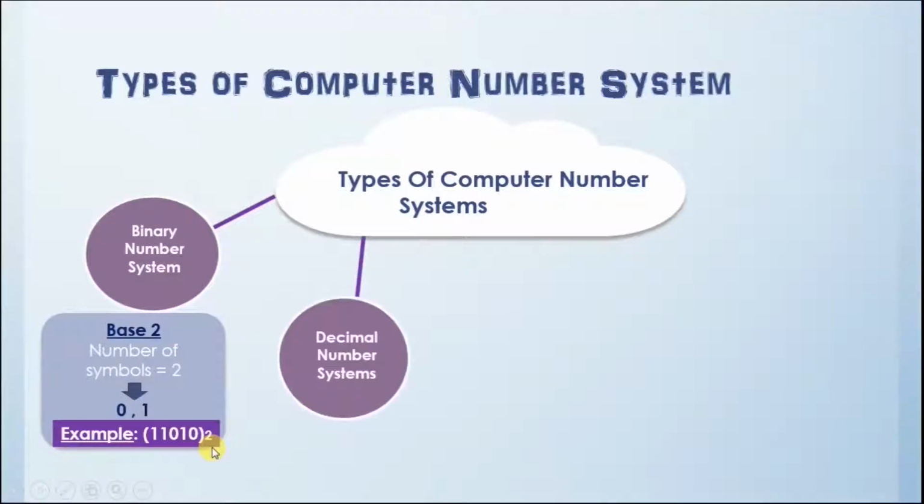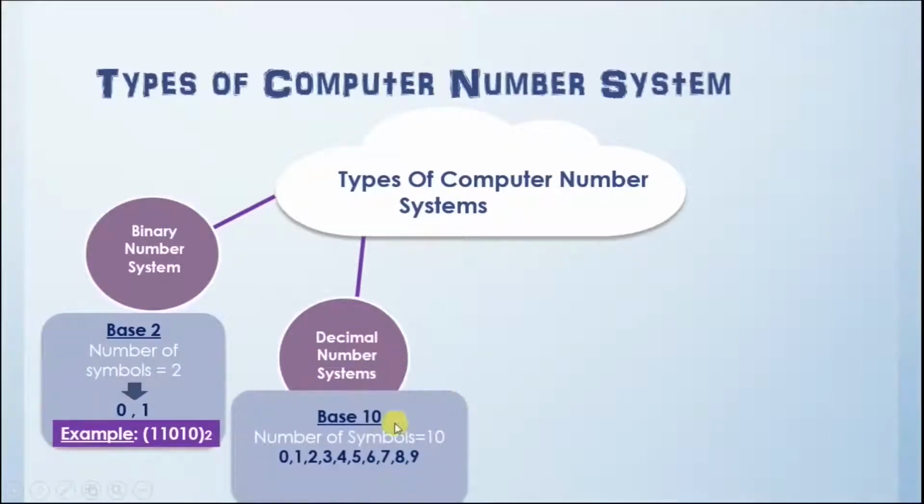The next type of computer number system is the decimal number system. The decimal number system has the base 10, meaning it has only 10 digits from 0 till 9, and the numbers are represented using these 10 symbols that are 0, 1, 2, 3, 4, 5, 6, 7, 8, 9.